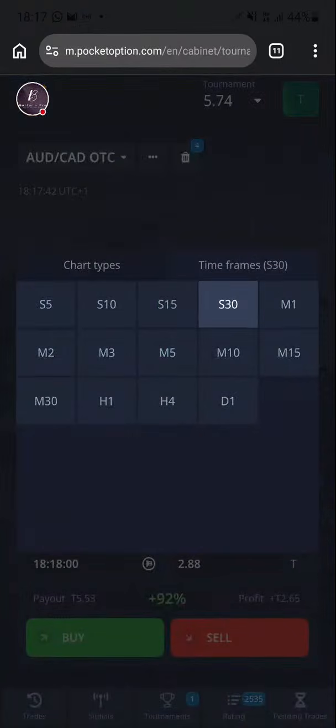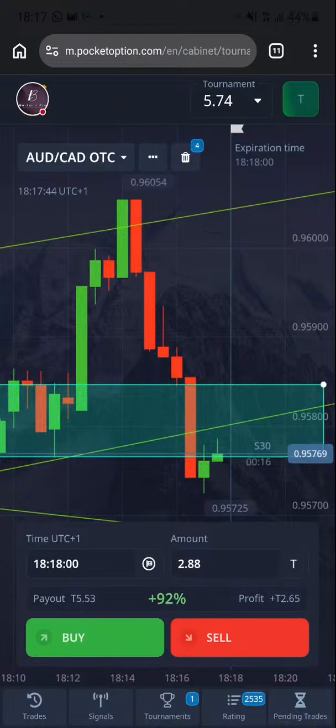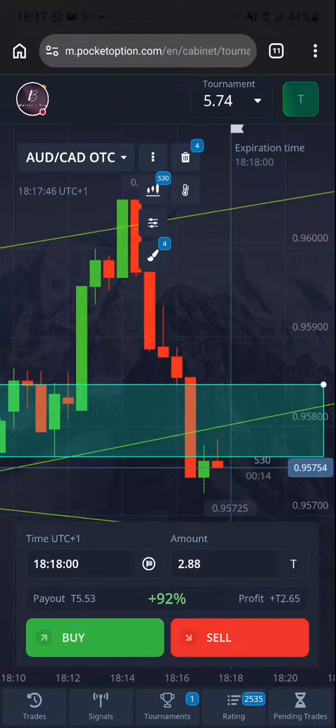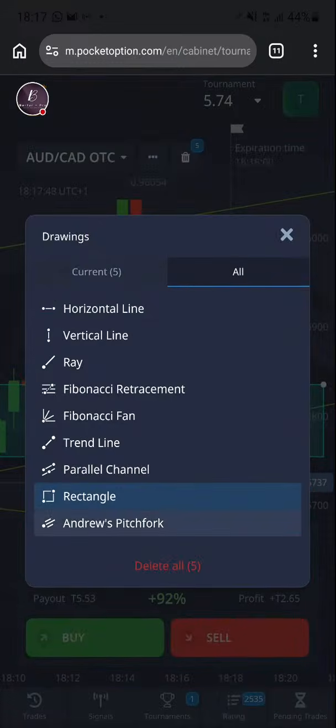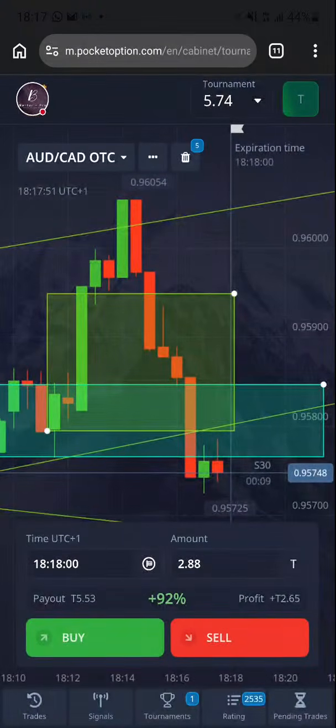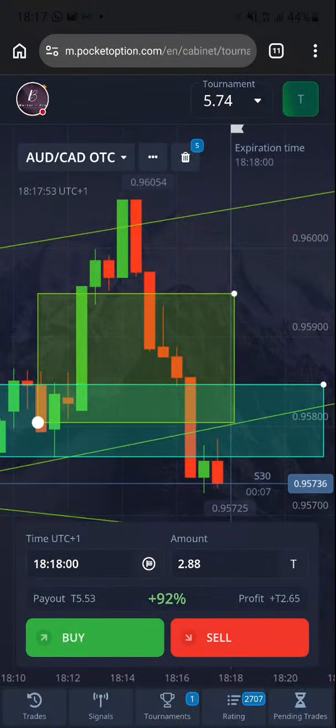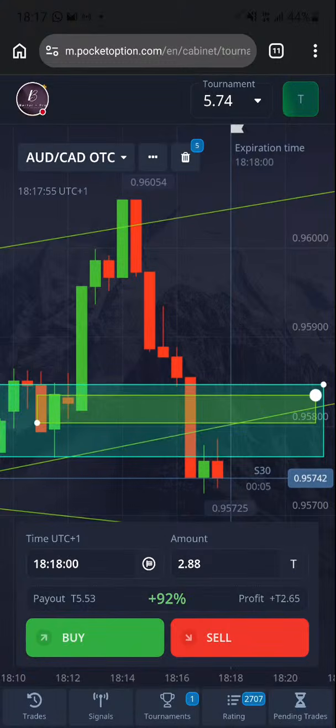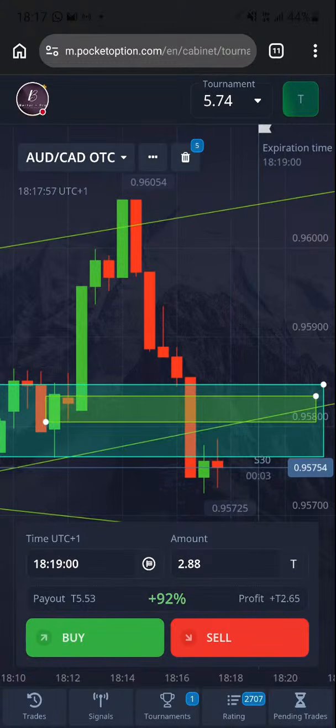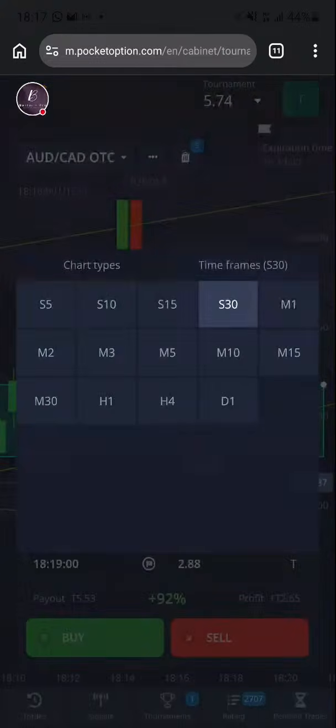You understand? But usually when you get to this kind of thing in the market where price just runs through supply and demand without any retracement, you should know that the market is unstable and it's not respecting supply and demand. You should just stop at that moment.